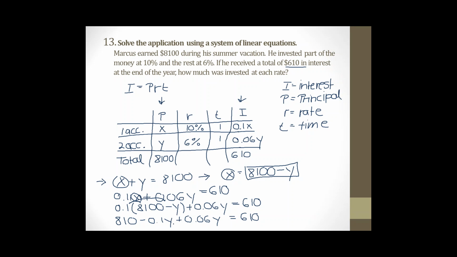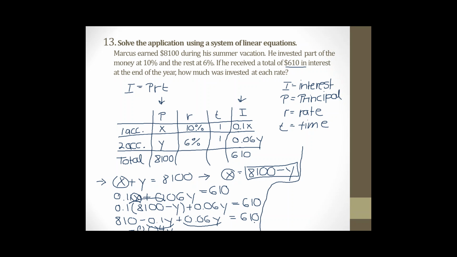Okay, combining like terms right here gives me, oops, I really don't have any space here, negative 0.04, right? Let me know if I'm doing something wrong here. No, I know what I'm doing. Okay, it's negative 0.04y.